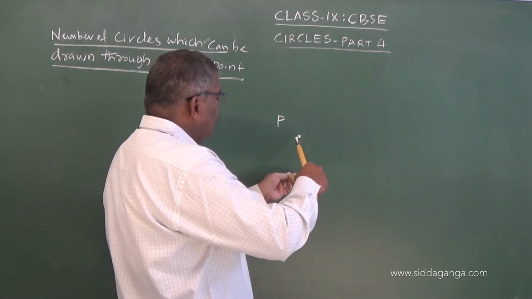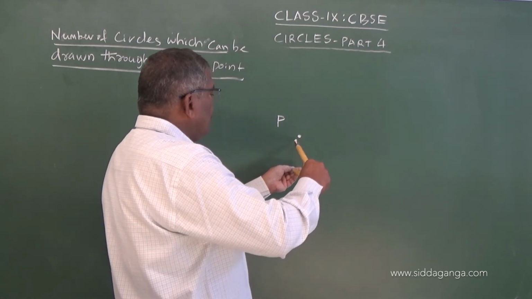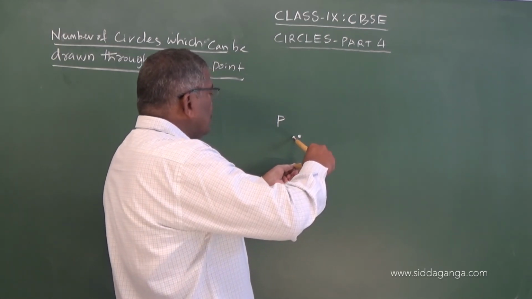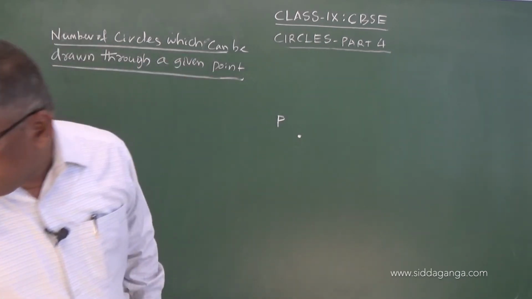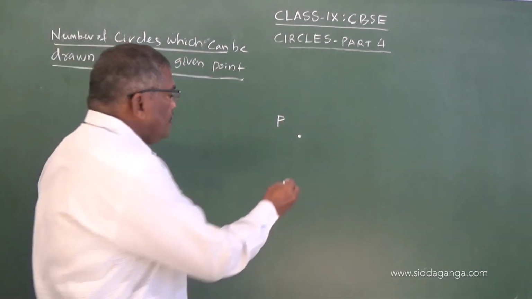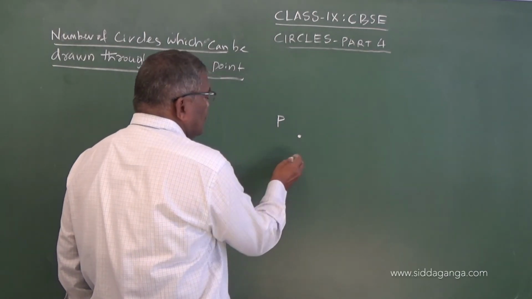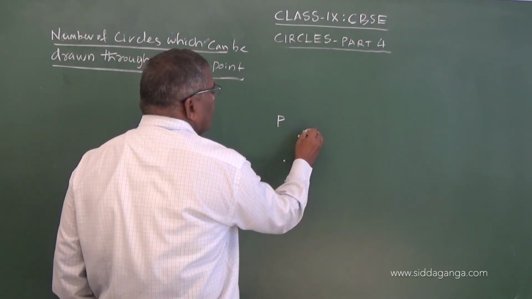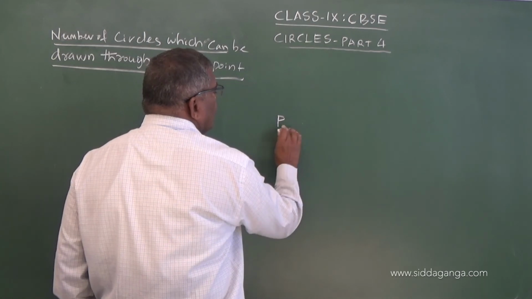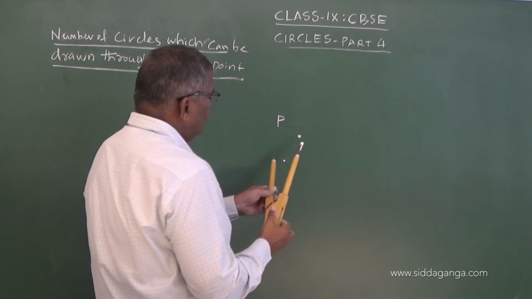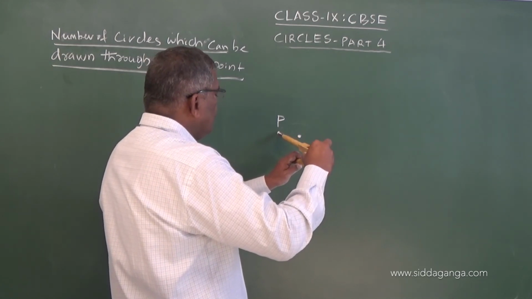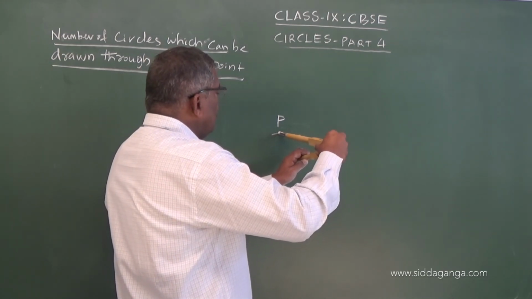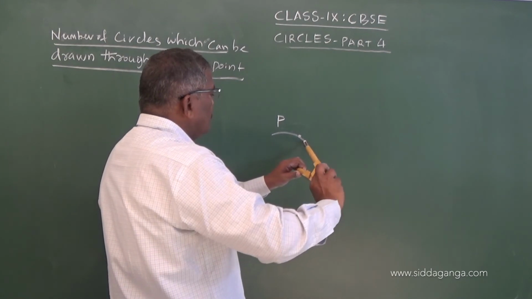So suppose I have a point here, and I take a center here. This is the point P, and this is the center. So through this point, I can draw one circle like this.